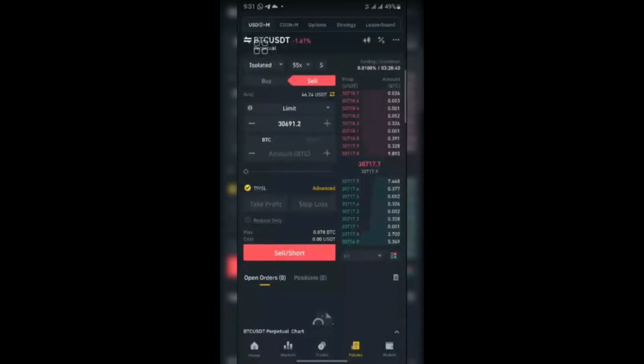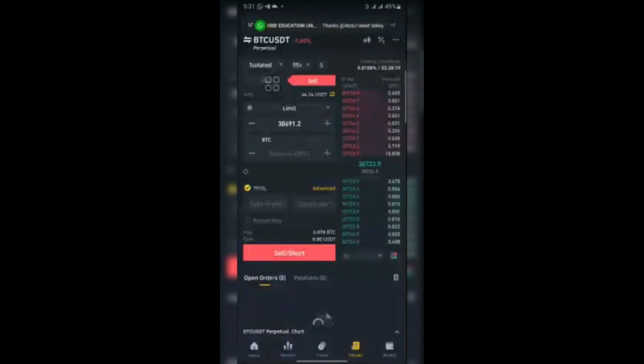Then you will always see this one in cross, so firstly change it to isolated. But if you are on cross and you set your stop loss, and the stop loss is reasonable, you don't need to worry about isolated or cross again. Do you understand?